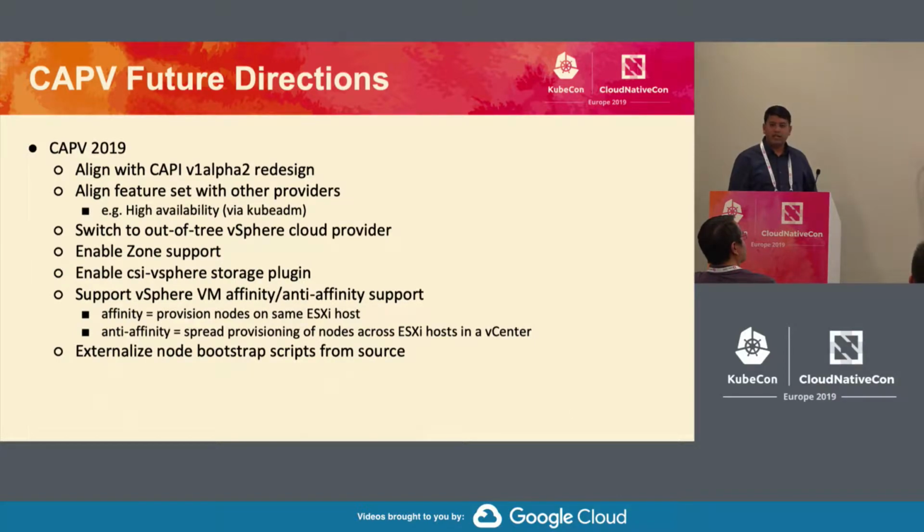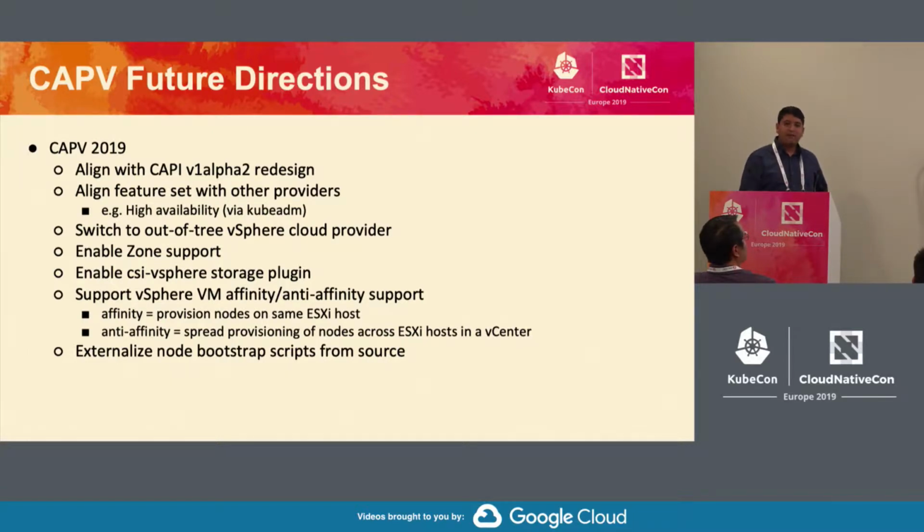We don't have that yet, but that's something we're probably going to get soon enough. Again, as I mentioned, we want to switch to using the out-of-tree version of the vSphere cloud provider instead of the in-tree version, which is now getting deprecated. Enable zone support. The vSphere cloud provider already has the zone support capability, but in the CAPV world we have not yet enabled that configuration option. So again, that's on the way.